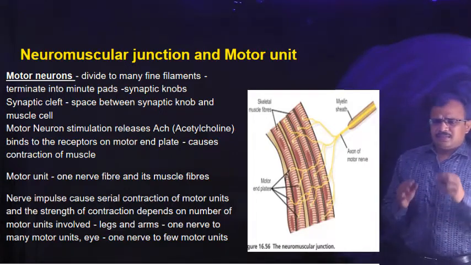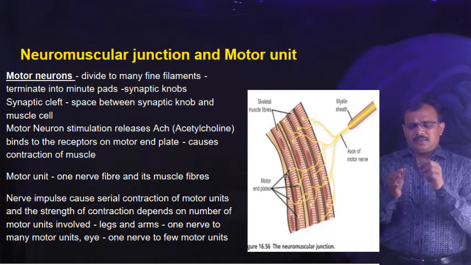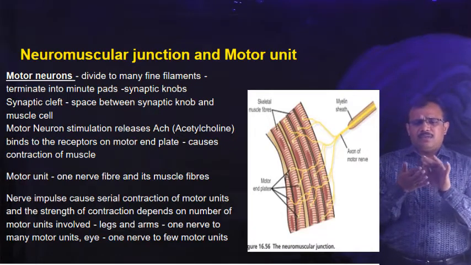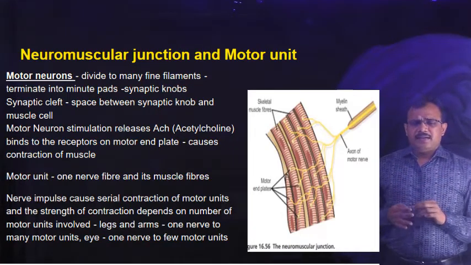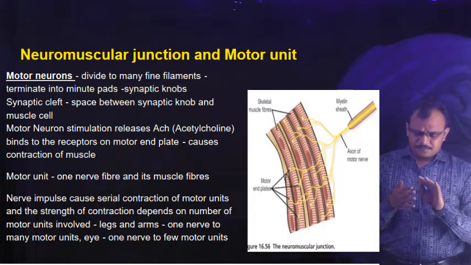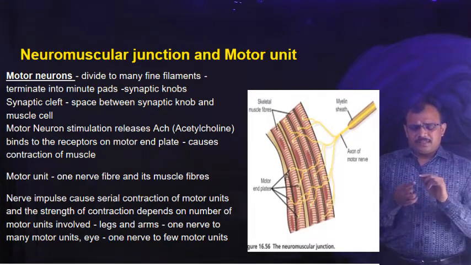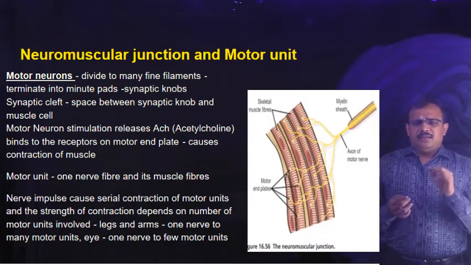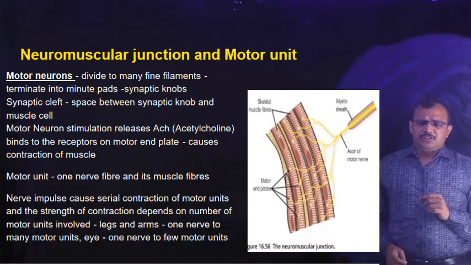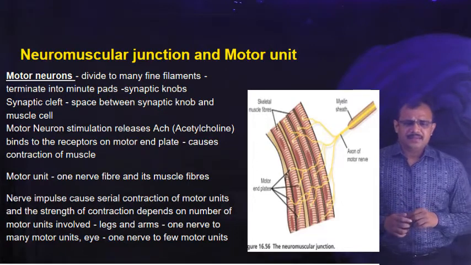And this axonal terminal and the muscle cell come in close contact with each other, but they do not have any direct contact. So this leads to the formation of a junction which is called the neuromuscular junction.